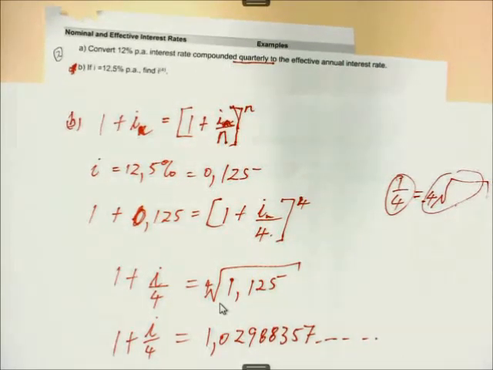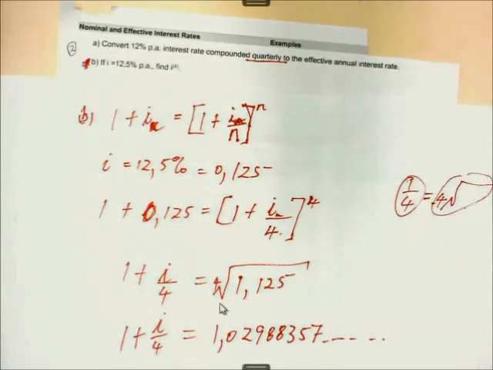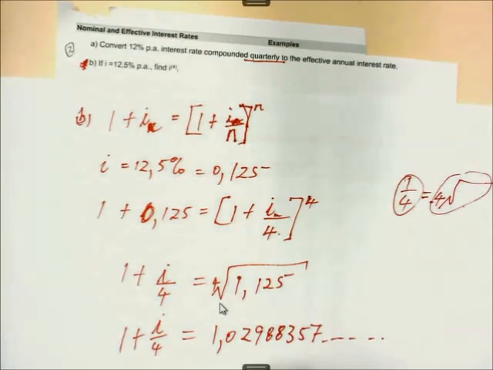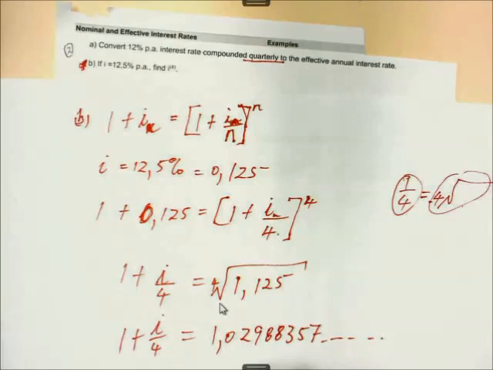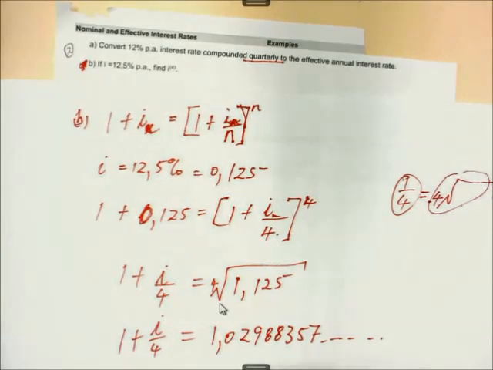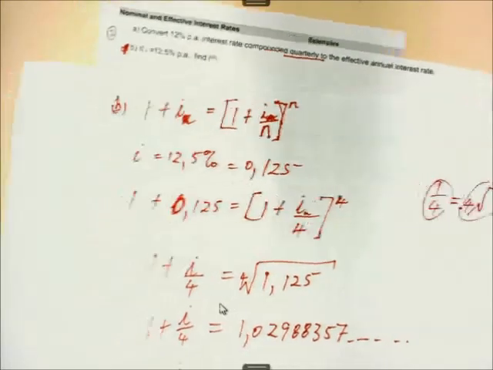And then for I, we multiply by 4. Let's see what we've got there. 0.02988357 and so on, multiplied by 4. So the answer is going to be 0.1195, and so on.